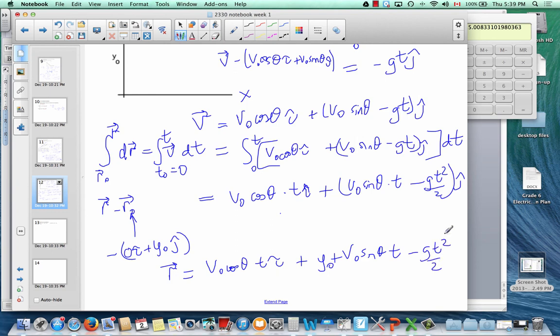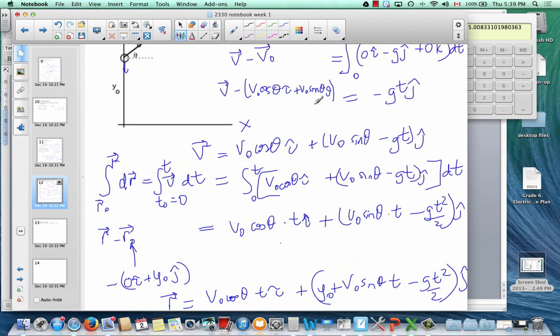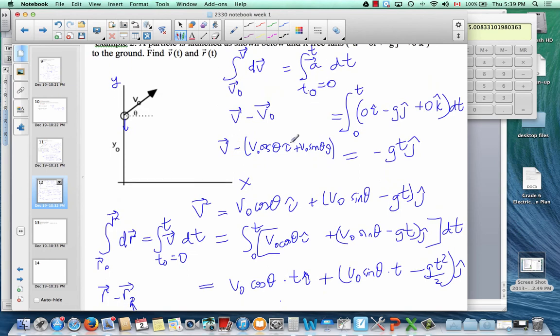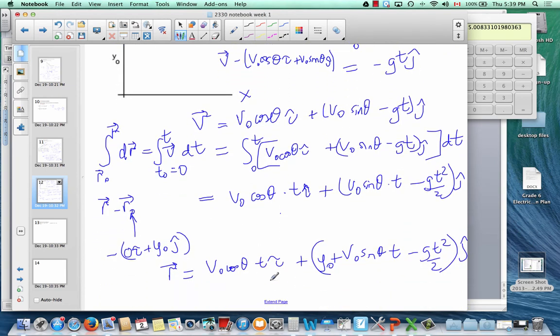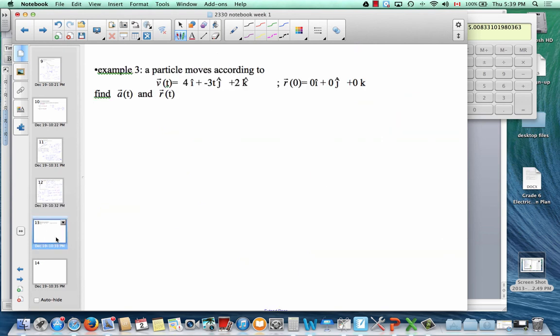And then here's our expression for the position of the object as a function of time. All right, so it's the projectile problem, but it's the projectile problem solved very efficiently in just a few lines. Okay, and we've got the velocity and position of the object as a function of time.